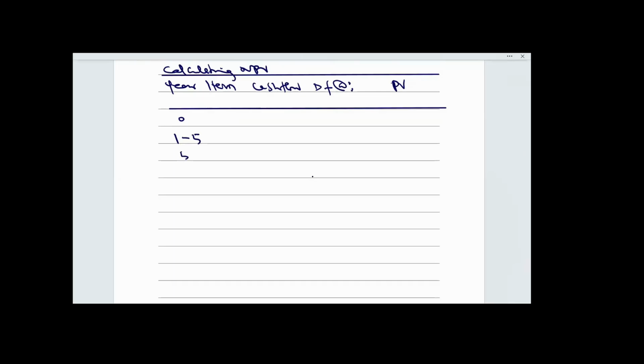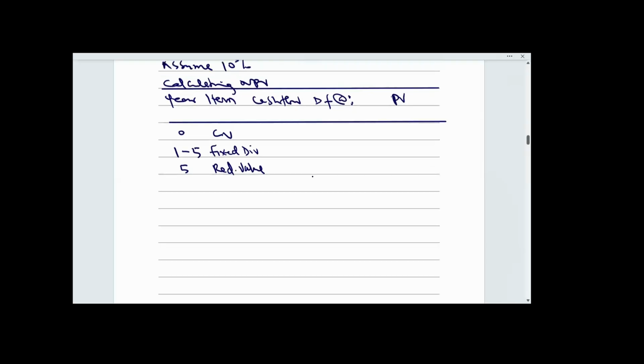So at the final year, which is year 5, the preference share will be redeemed. So here will be the current market value of the preference share. Then here will be the fixed dividend. Then the redemption value. Okay, the redemption value. I will then go back to the question.